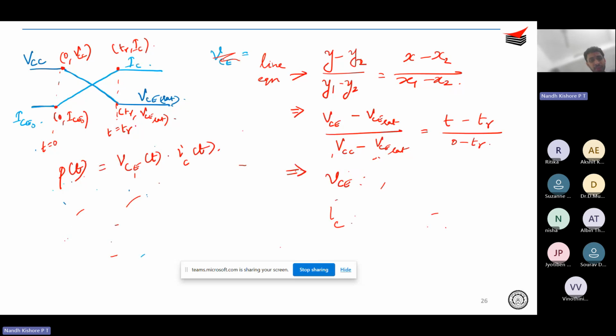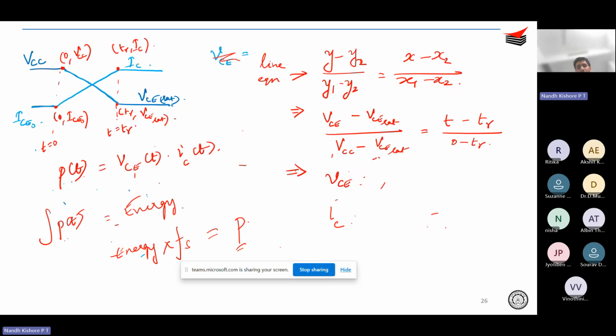You find out your instantaneous power, VCE of T into IC of T. Then if you integrate your instantaneous power, you find the area under the curve, right? That is your energy. You integrate it, you get the energy, and then you multiply the energy by frequency, and you get your power loss.